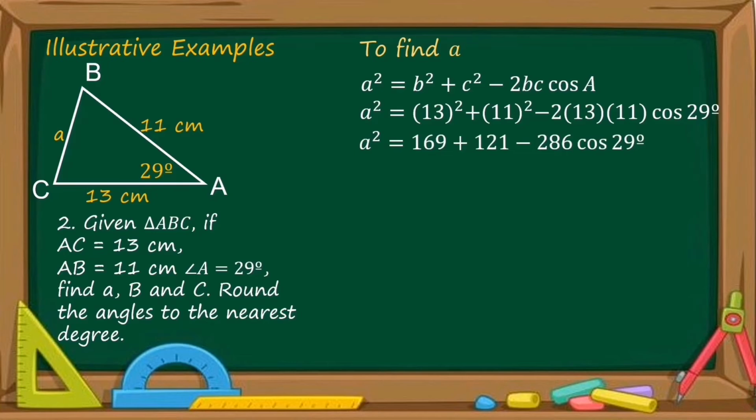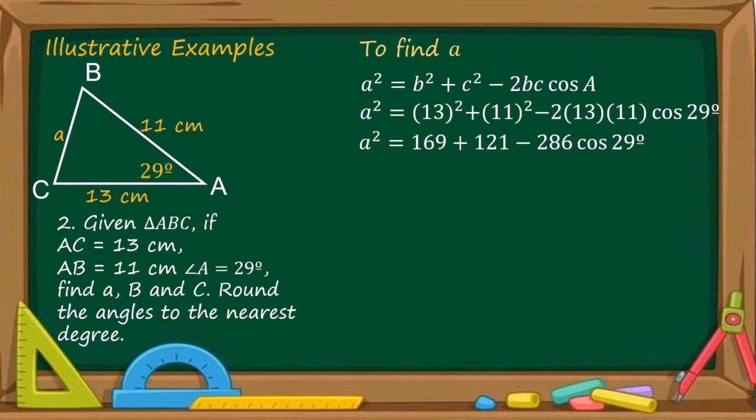The value of 13 squared is 169. The value of 11 squared is equal to 121. The product of 2, 13, and 11 is 286. So our equation is now a squared is equal to 169 plus 121 minus 286 cosine 29 degrees.